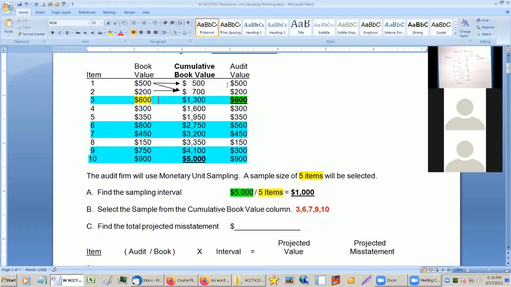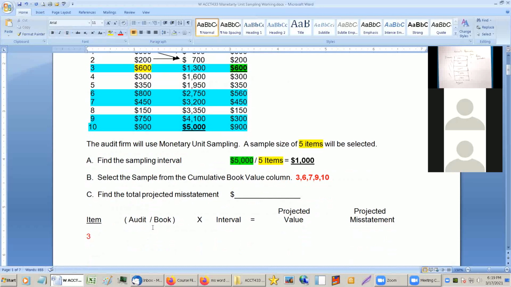This one there's no problem. Audit value is 600, book value is 600. So coming down here, times the interval.